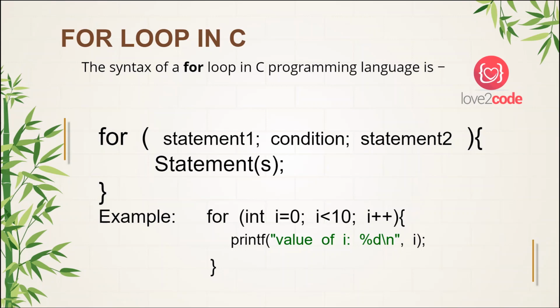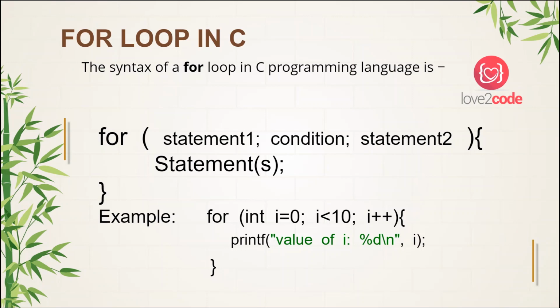When the for loop executes, statement 1 gets executed only once, and then it checks for a condition. If this condition is true, then the code inside the for loop block gets executed. Once this code gets executed, the control moves to statement 2. This statement 2 can be an increment, decrement, update, multiplication, etc. Once statement 2 gets executed, it will check the condition again.